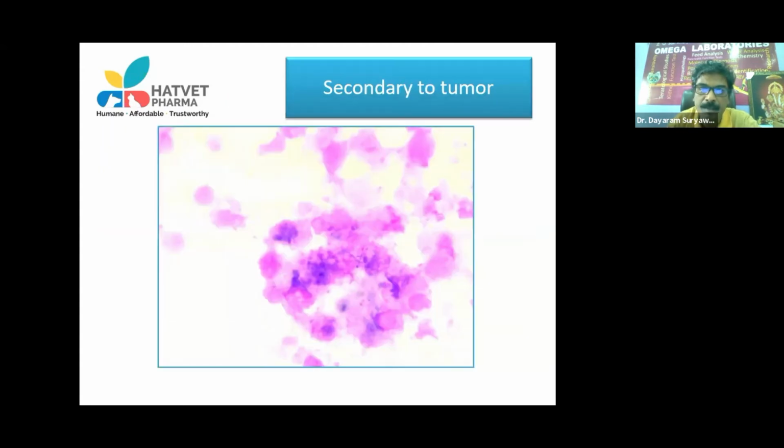So here you can see the tumor cells are present in the center. Here also tumor cells are there. Here tumor cells, and these tumor cells are surrounded by some neutrophils, and some lymphocytes are also here. So the tumor cells generally have inflammation at the margins.